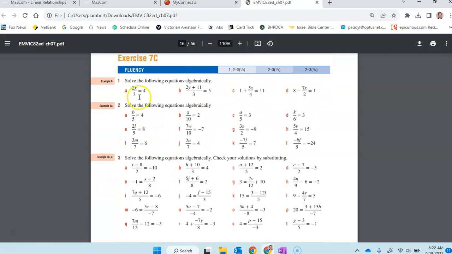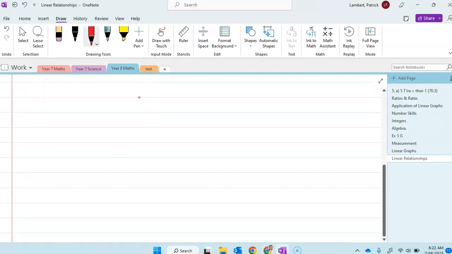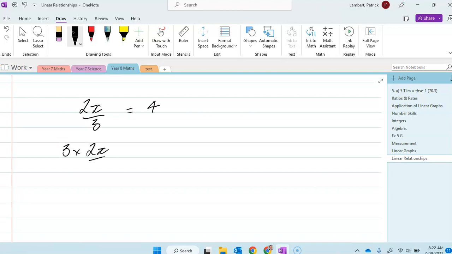Solve these equations. 2x over 3 equals 4. You multiply both sides by 3. So that's 3 times 2x over 3 equals 4 times 3.